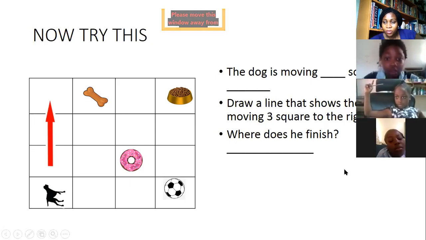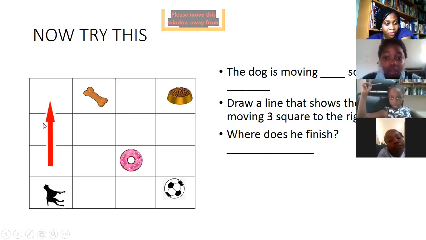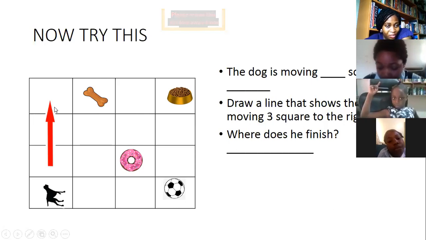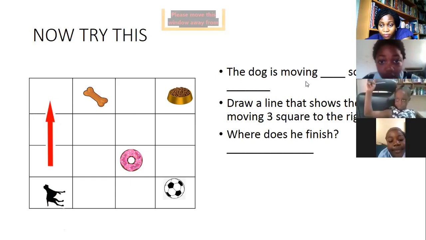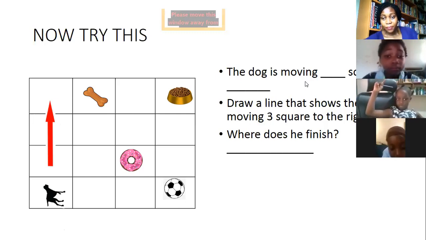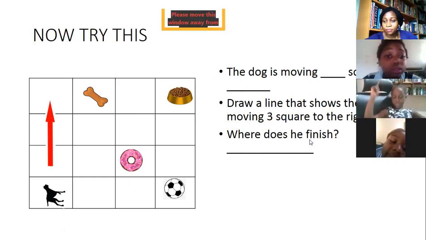Yes, quickly unmute your microphone and tell me. Look at the direction of the arrow. I've told you to always look at the triangle on top of the arrow. It tells you which direction it is moving. Hurry up, you're running out of time.